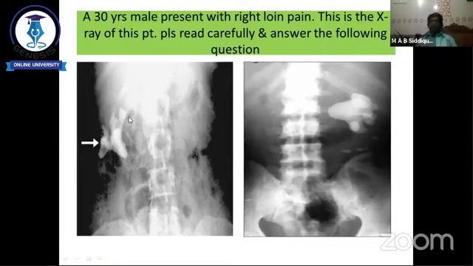So if we see, there is a radiopaque shadow on the right side and there is a radiopaque shadow on the left side. What may be the cause?